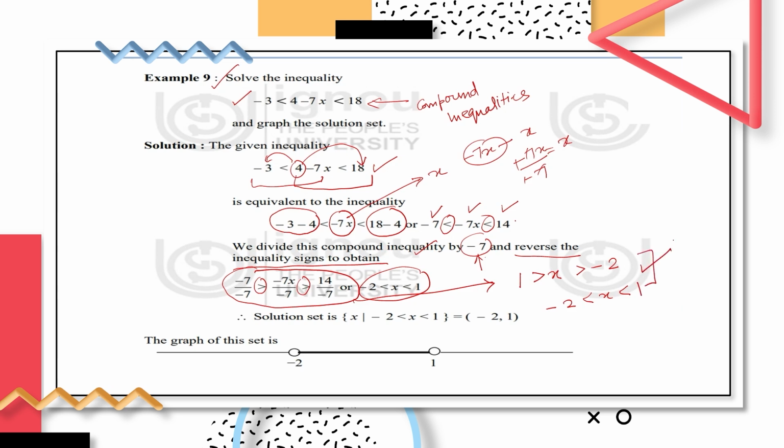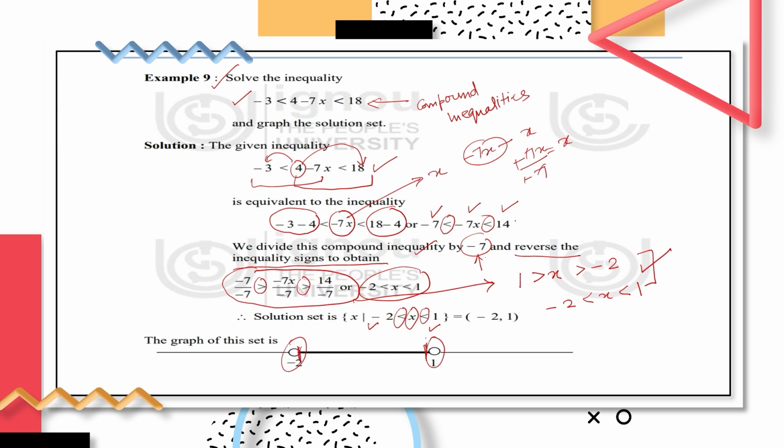So, that means the value of x resides in the range minus 2 to 1, and the symbol is less than, not less than or equal to. So, both minus 2 and 1 are to be represented by a hollow circle, and the range within which the solution exists is between minus 2 and 1.